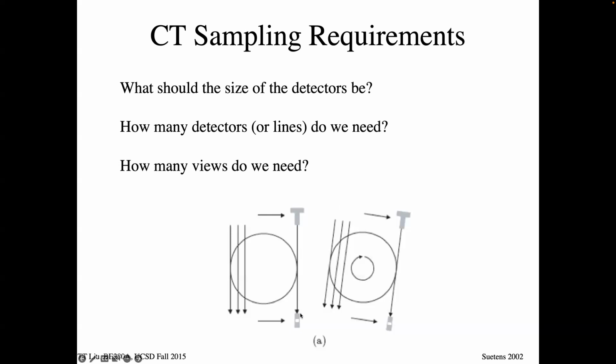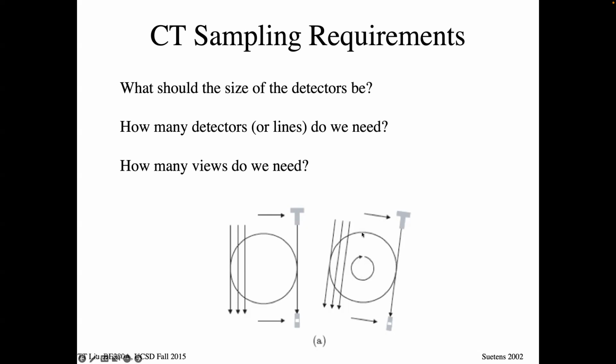If the detector itself is quite wide, then that will limit your spatial resolution in detecting from where in the patient this beam came. That's fairly commonsensical. If I have a really wide detector, then beams can be coming from all different angles into that detector, and so I'm blurring the signal from my object.